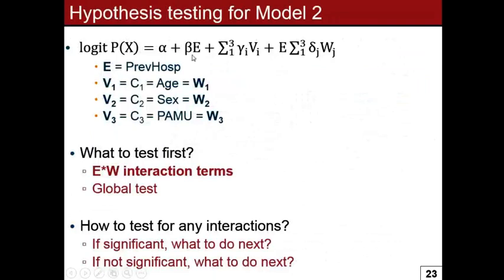So what if we want to start evaluating whether maybe this interaction term is not statistically significant, we don't need it, right? And how do we go about doing that? And then if they're significant or not, what are we going to do to our model to reflect that information? This is really what we're going to talk more about in the modeling strategy lectures. But what does this look like in SAS for this kind of model?